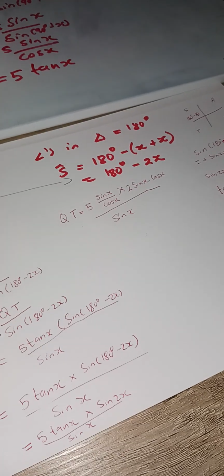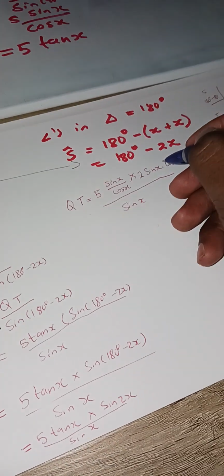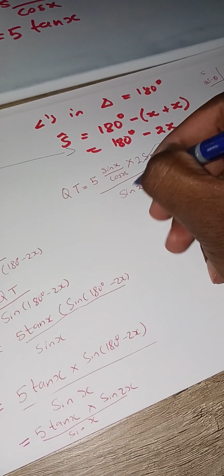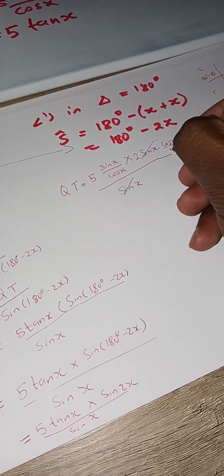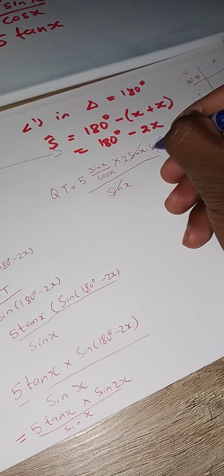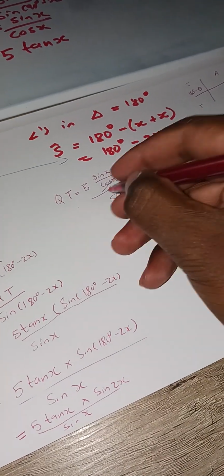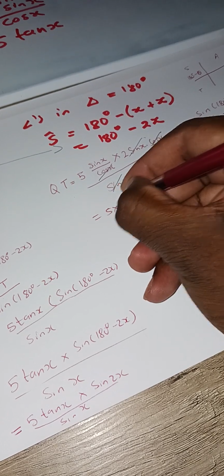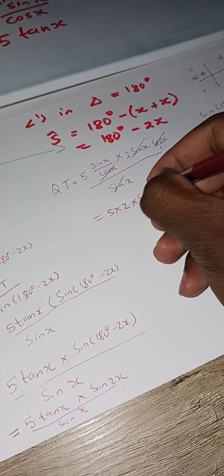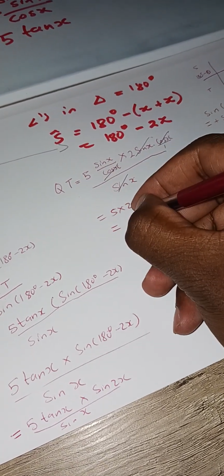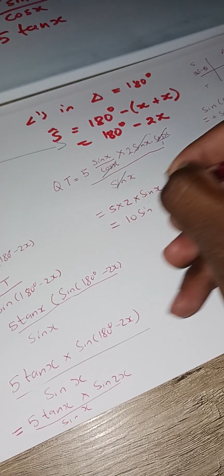You can do the division here, take the sine x with the sine x, and divide these cos x's. What is then left is 5 times 2 times sine of x, which is equal to 10 sine x.